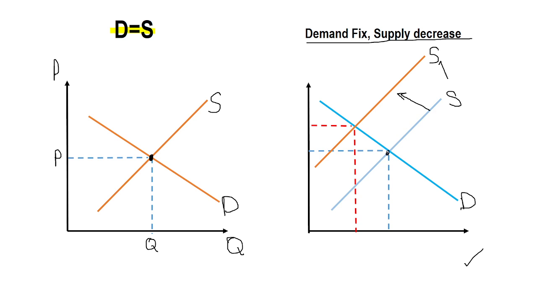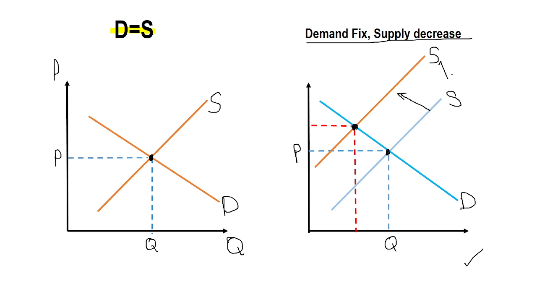So here we have the original equilibrium point. Here this is the original equilibrium quantity. Here this is the original equilibrium price. But here there is a new equilibrium point that comes from where the new supply curve meets the original demand curve.